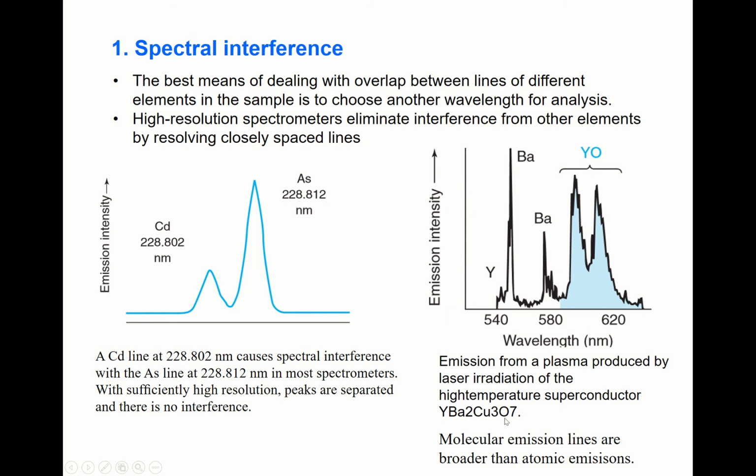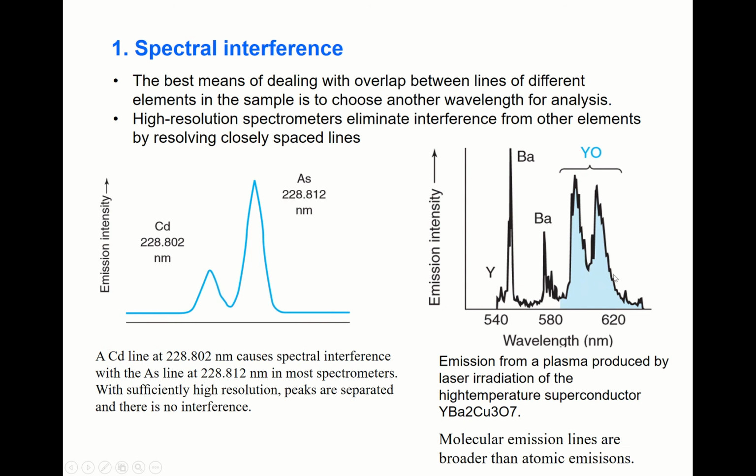This is very famous, where yttrium and barium, and also this is a barium peak, are well resolved. But in the wavelength region from 580 to about 620 nanometers, these peaks are quite thick. Why is that?